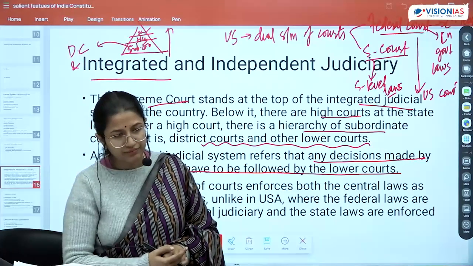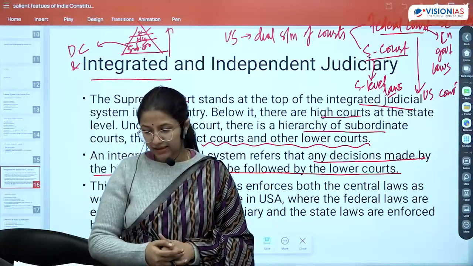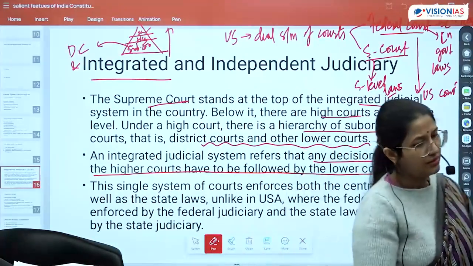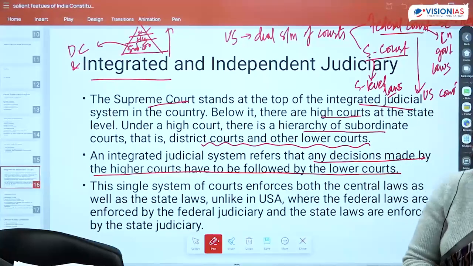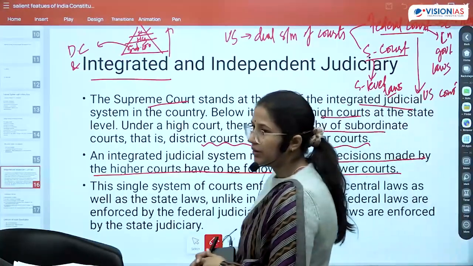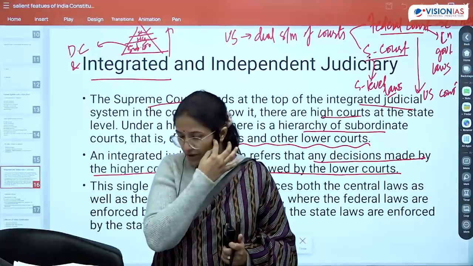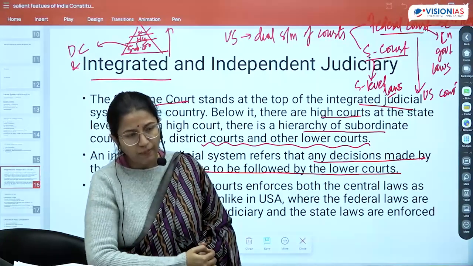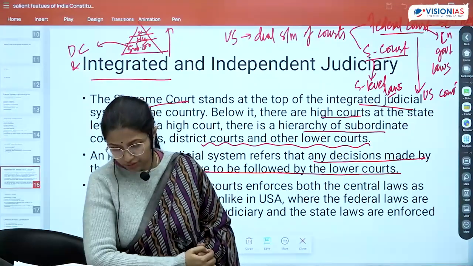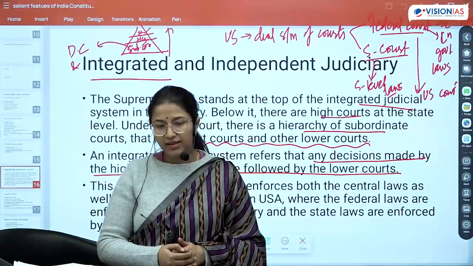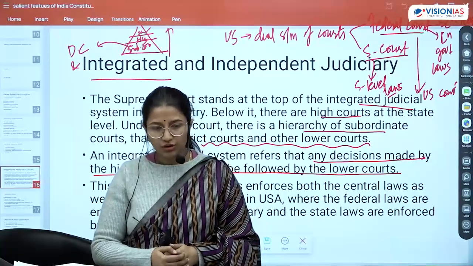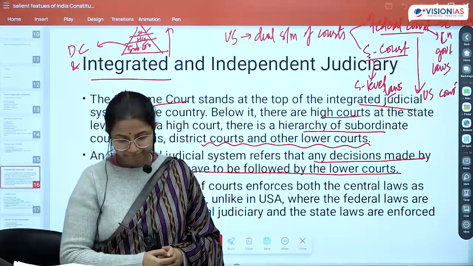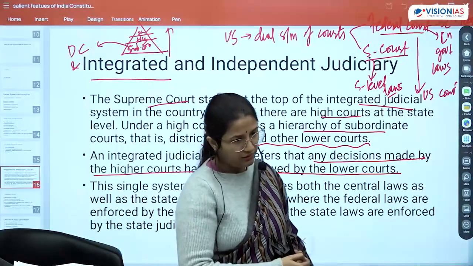Yes, next point. India has, underline, a single system of courts, underline, which enforces both the central and the state laws. Full stop.